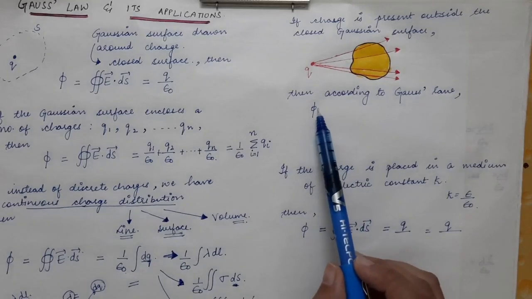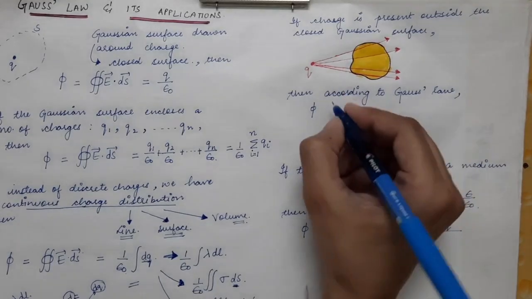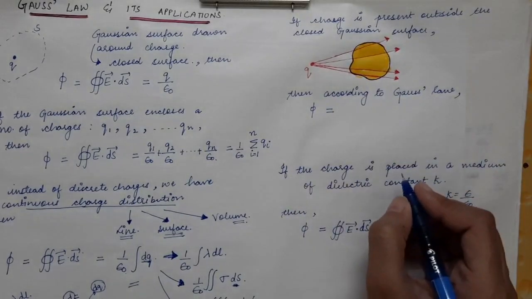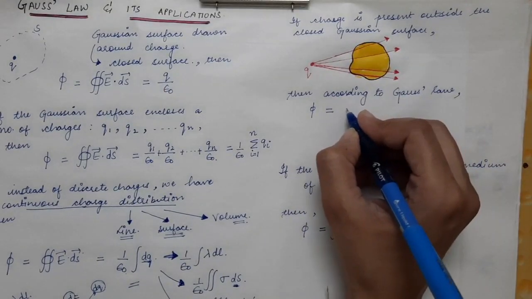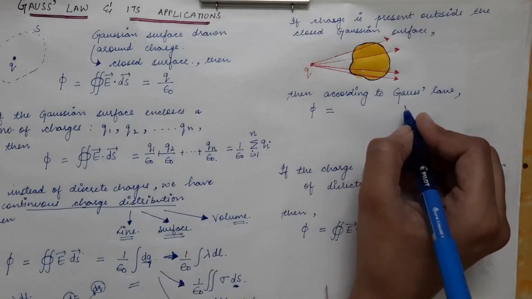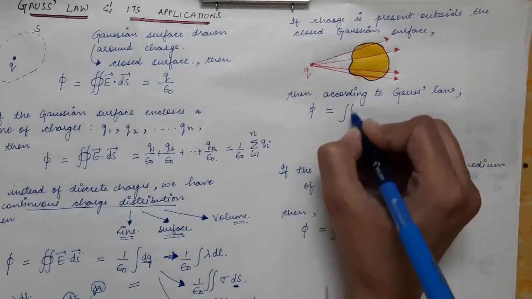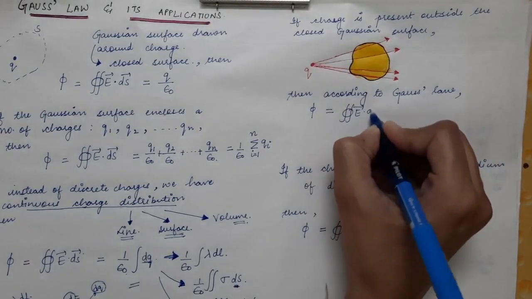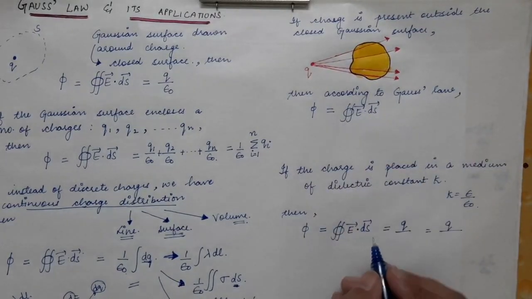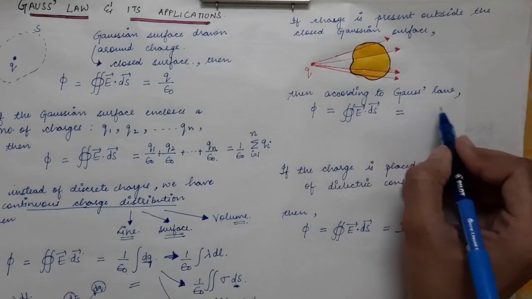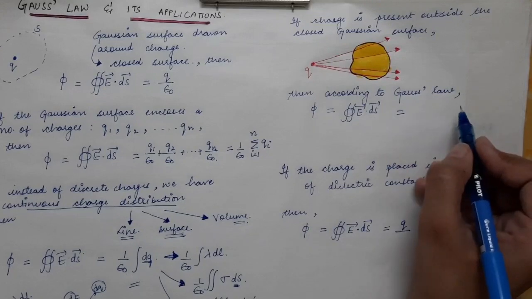Gauss law states that the flux is equal to the total charge which is enclosed inside the Gaussian surface. Flux is nothing but vector E dot ds, the general definition of flux. This is equal to the total charge enclosed by the Gaussian surface.